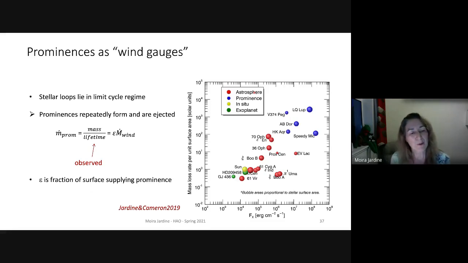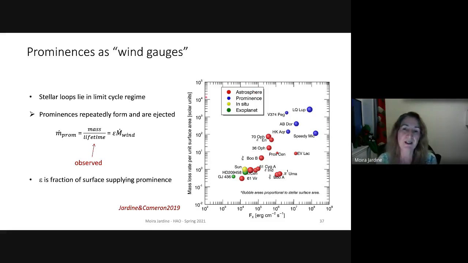Now we have to make some assumption about what fraction of the surface is supplying the prominences, and we can inform that judgment by the Zeeman Doppler images that we have and the structure of the fields that we find.